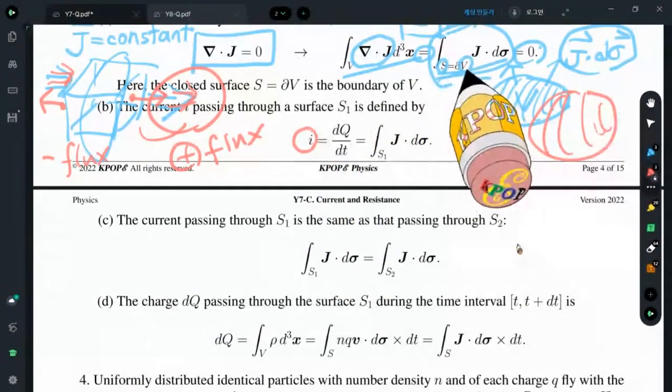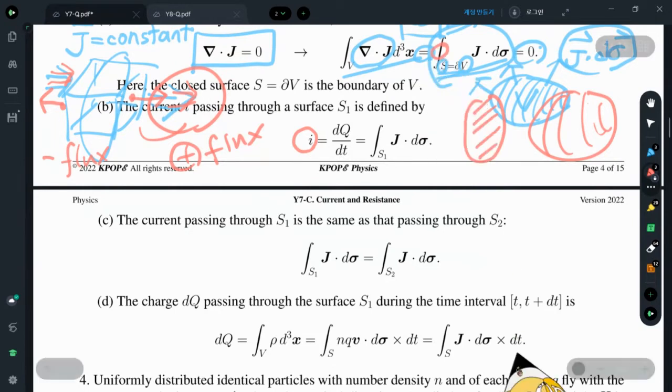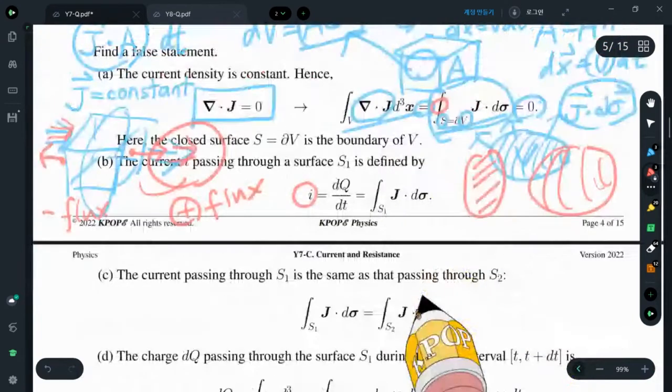This is the closed surface, so I have to put the circle on the integral. Okay, and this is the open surface.